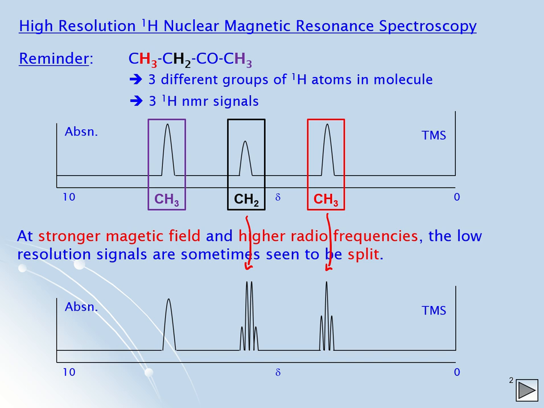Now what additional information does this proton high resolution NMR give us that low resolution didn't? These splitting peaks can give us information as to what is adjacent to, in this case, the CH2, or adjacent to the CH3. And we'll learn how this works in a minute. So, for example, we already know that this group is a CH2. Now the fact that this splits to what we call a quartet, 4 peaks, tells me that it is adjacent to a CH3.